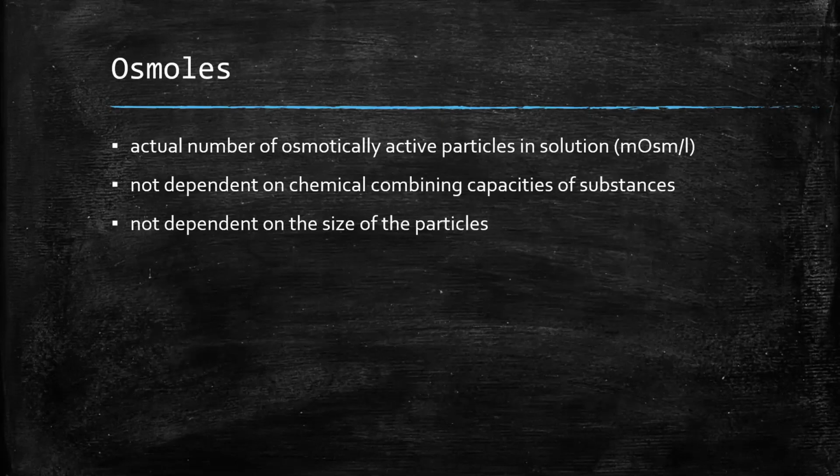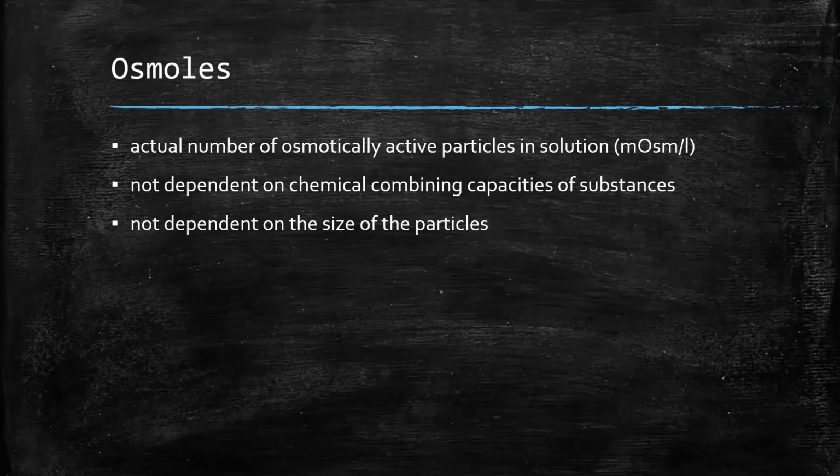What we're going to care about a lot when we're talking about how fluids move around the body is the osmolarity of different solutions. And so when we describe something in osmoles, we're really talking about the number of osmotically active particles that exist in a solution.